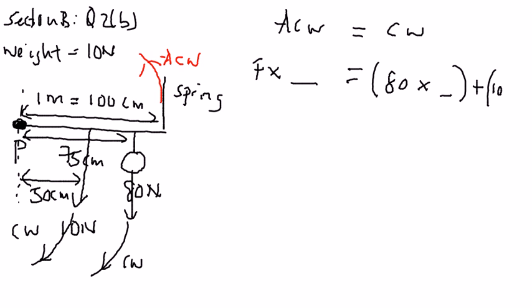Then you multiply by the perpendicular distance from the 10 Newton to the pivot. From there you should be able to figure out the answer and find out what F is.